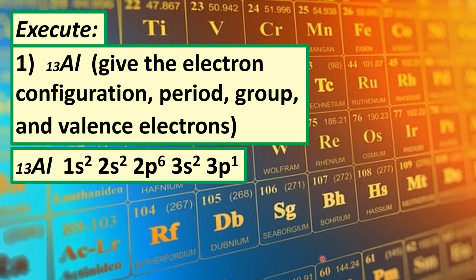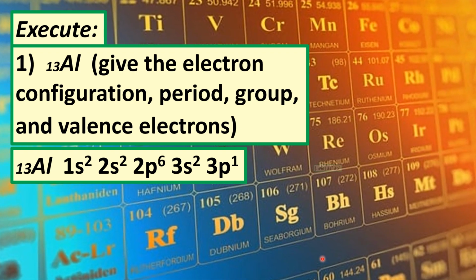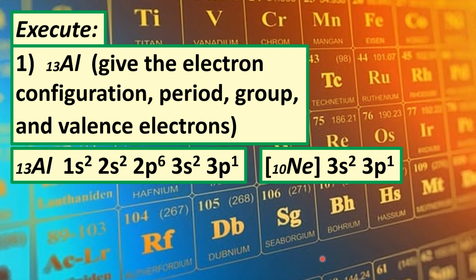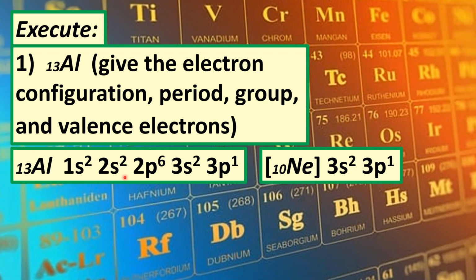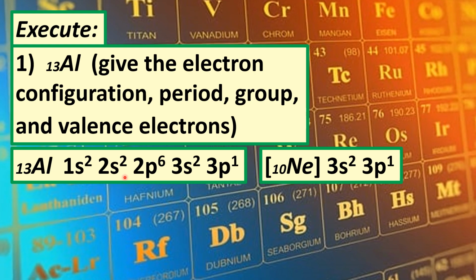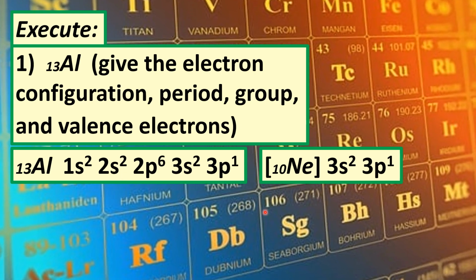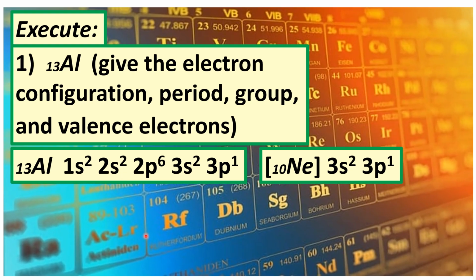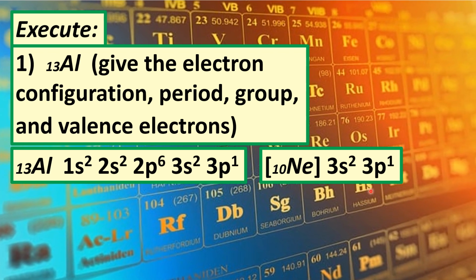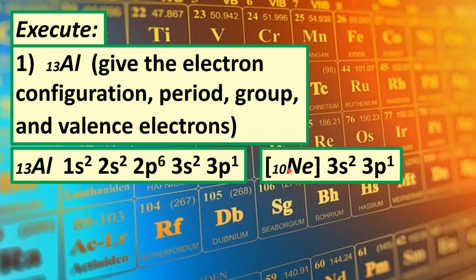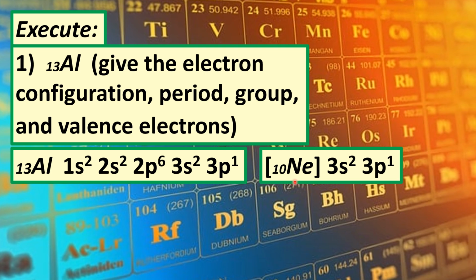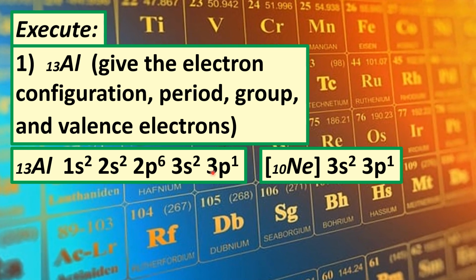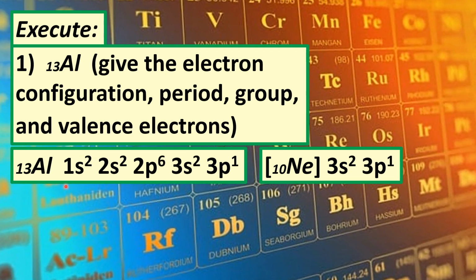We can also use what we call the noble gas notation, such as, in this case, bracket neon. Bracket neon, whose atomic number is 10, represents the inner electrons of aluminum.